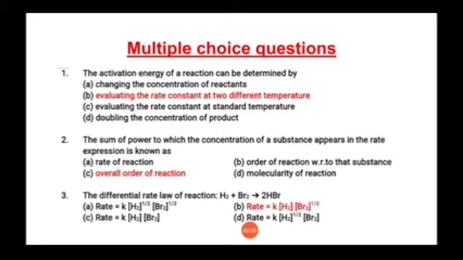So here our answer is B, rate is equal to K into [H2] raised to 1 [Br2] raised to 1/2, because we know that whenever we are doing this reaction at industrial level, 1 mole of H2 reacts with half mole of bromine. Means whenever we are adding 1 mole of hydrogen, only half mole of bromine molecule is required. That's why it is concentration of H2 raised to 1 and concentration of Br2 raised to 1/2.